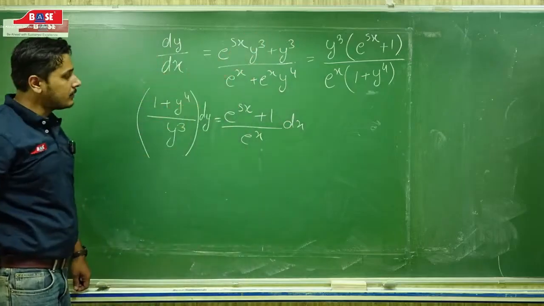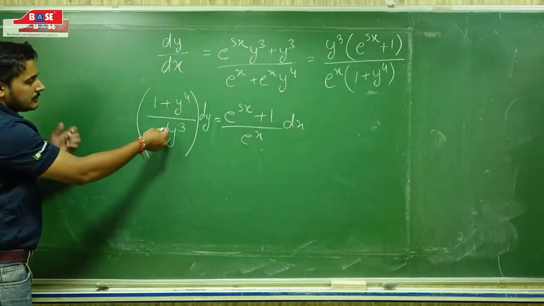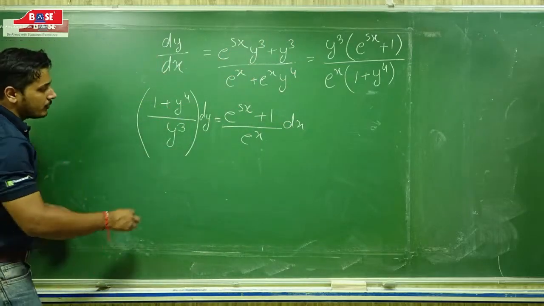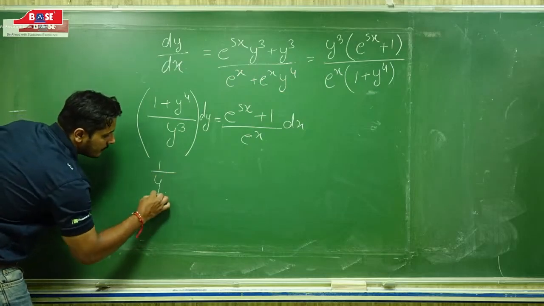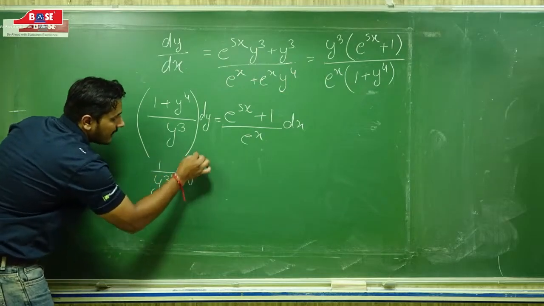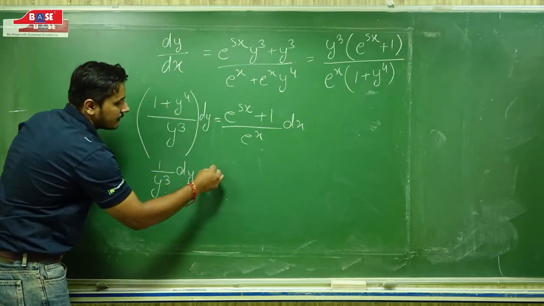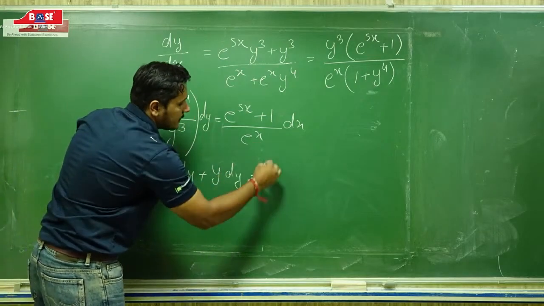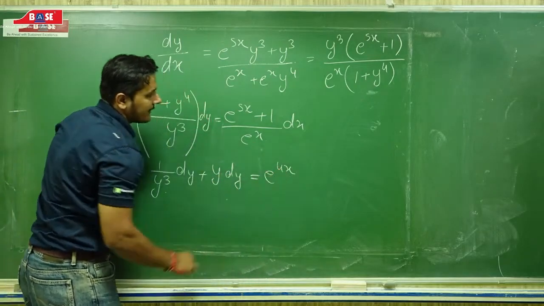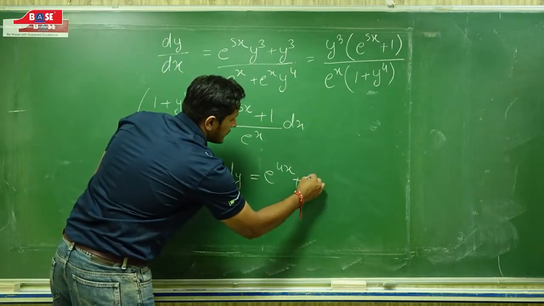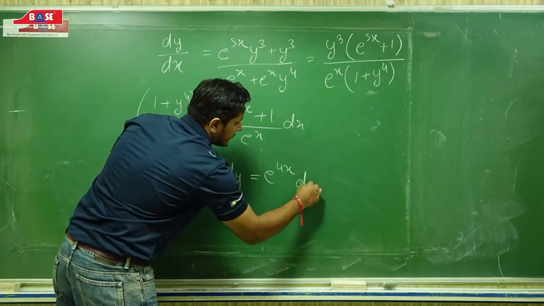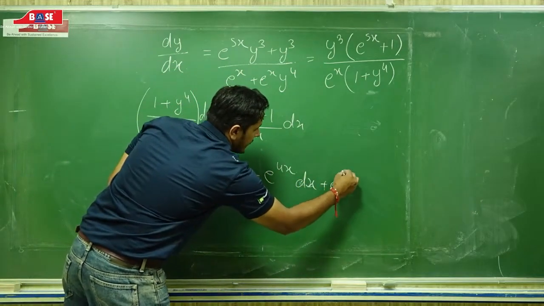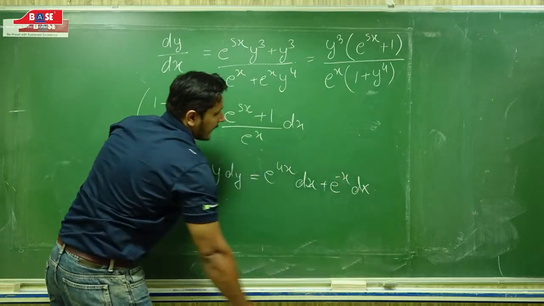I have sent it over that side. Now split the denominator over the numerator, so this will become 1 upon y cube dy, plus y dy, is equal to e to the power 4x dx plus e to the power minus x dx.